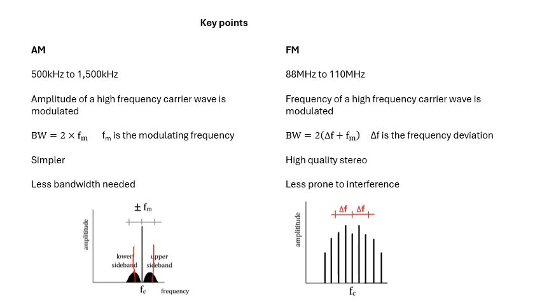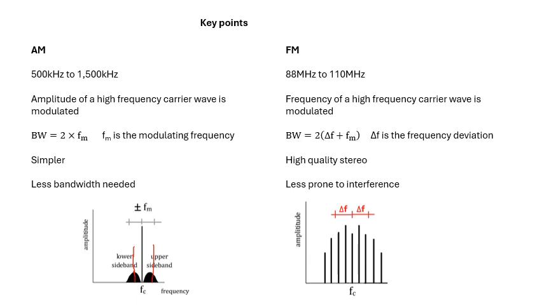FM uses much higher frequency carrier waves, 88 megahertz to 110 megahertz. The frequency of a high frequency carrier wave is modulated, so we're changing the frequency. To work out the bandwidth, it's 2 times (delta F plus fM), where delta F is the frequency deviation, and that is limited.